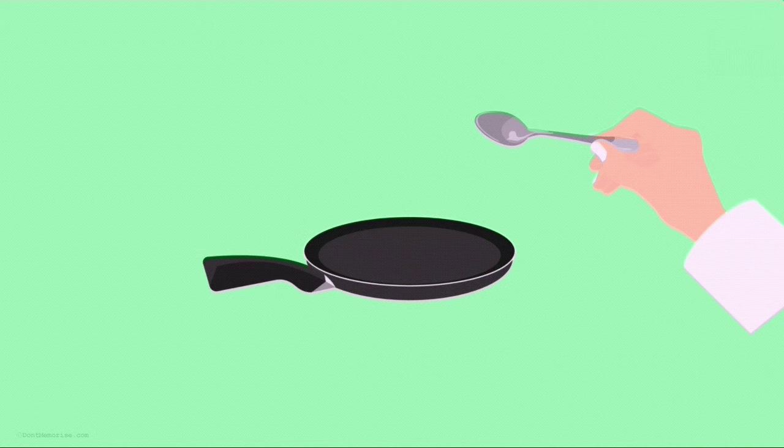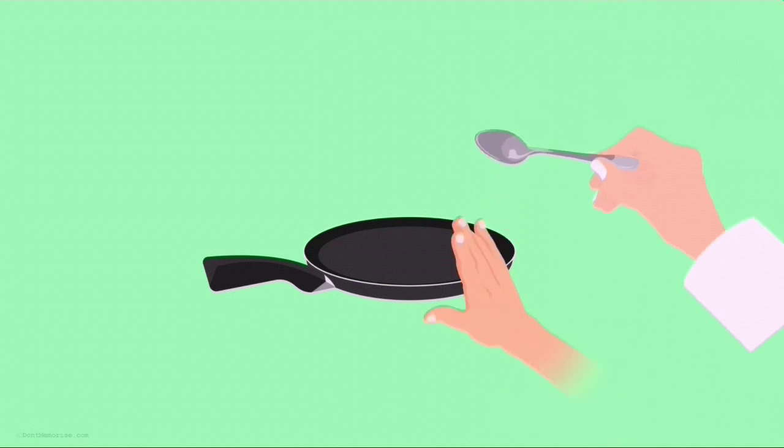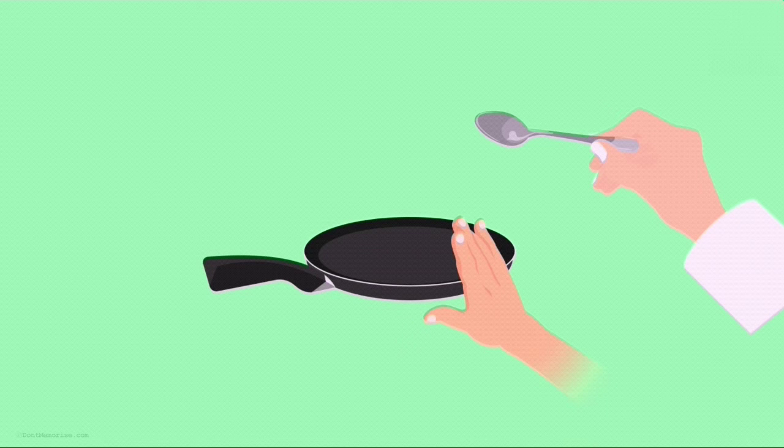Not really. But you get the feel that the spoon is vibrating in your hand. If you touch the pan immediately after the strike, you will feel that the pan is also vibrating.